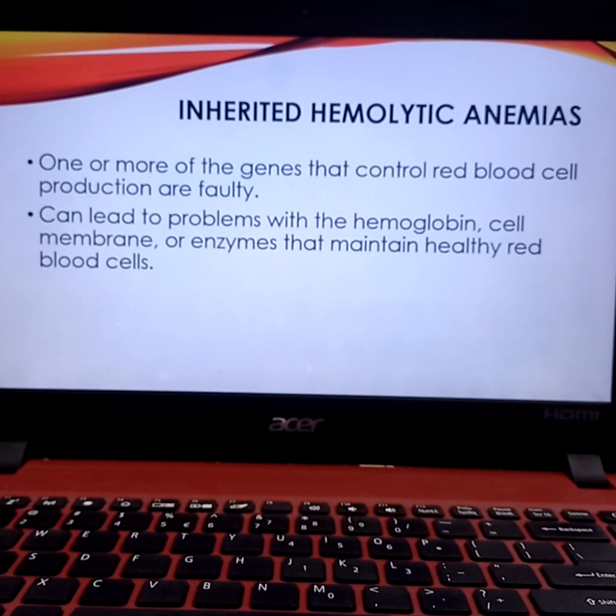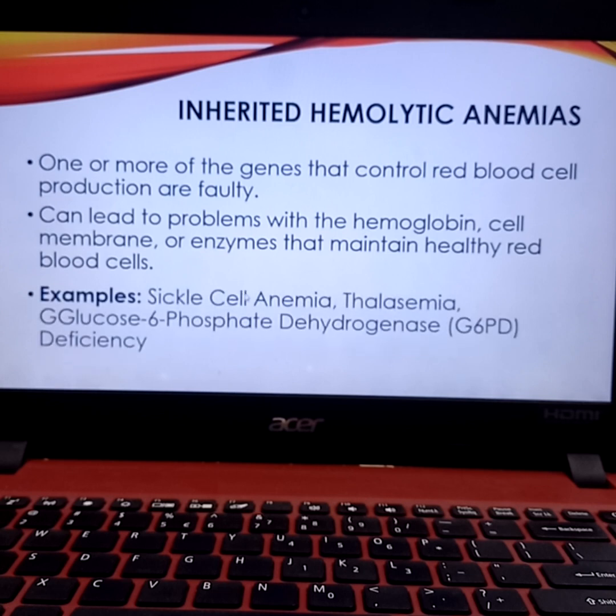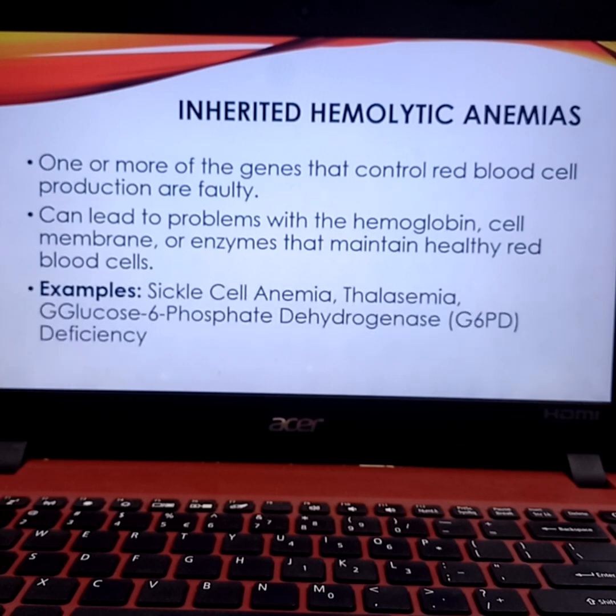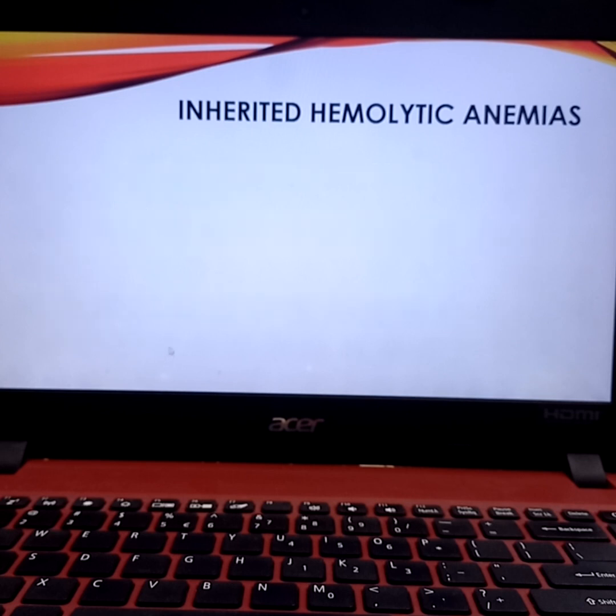This condition can lead to problems with the hemoglobin, which is the oxygen carrier of the blood, the cell membrane, or the enzymes that maintain healthy blood cells. Examples of inherited hemolytic anemia are sickle cell anemia, thalassemia, and G6PD, or glucose-6-phosphate dehydrogenase deficiency. Okay, so let's go through these one by one.